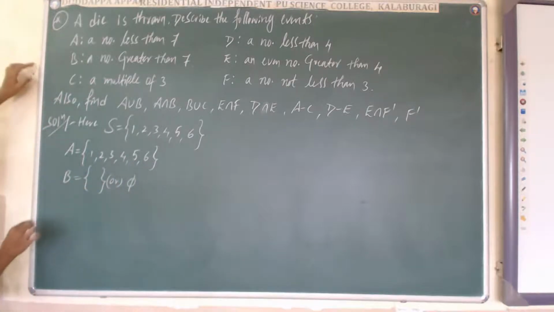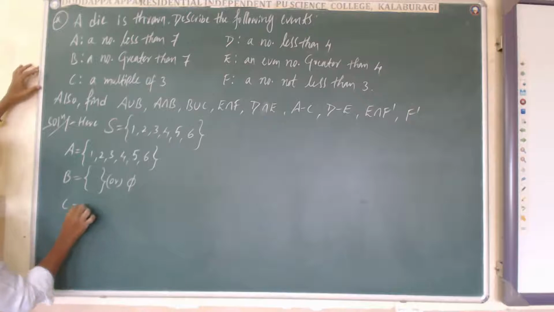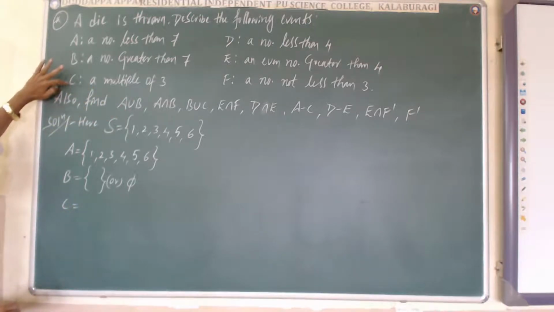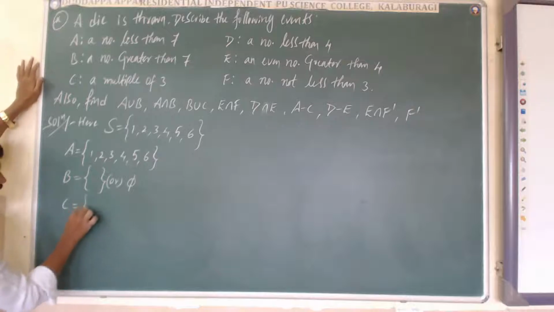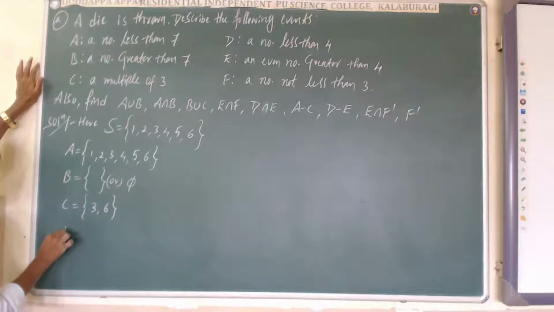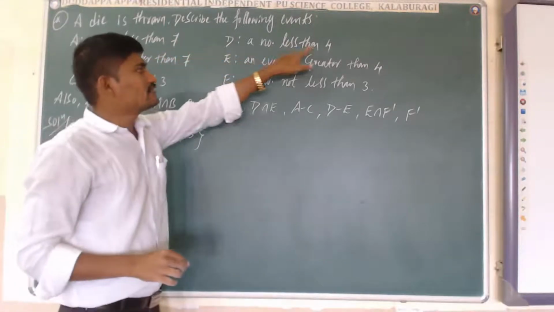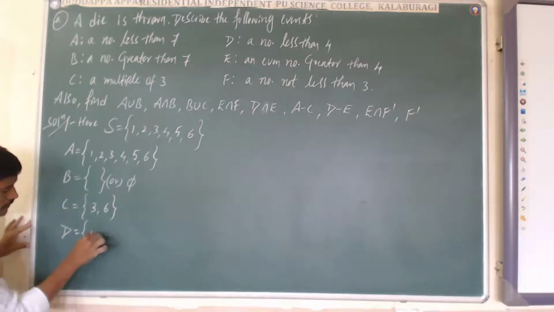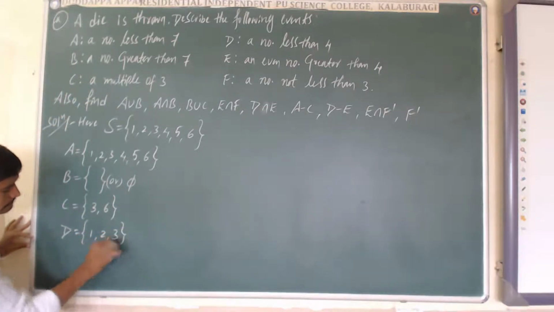Next, you write C. A multiple of 3. C event is given. A multiple of 3 means what are those? 3, 6. Next, D. A number less than 4. A number less than 4 means what are those numbers? 1, 2, 3.